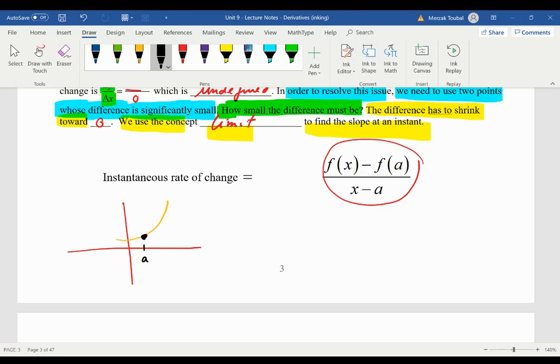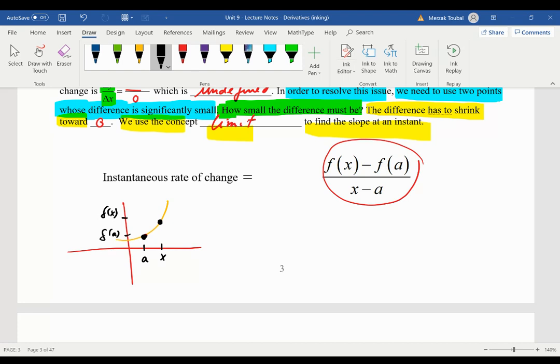So we're going to say this is a, and this is f of a. So a, f of a, and we'll pick another point pretty close, and let's just call it x. So x, f of x. Assuming this is zoomed in.